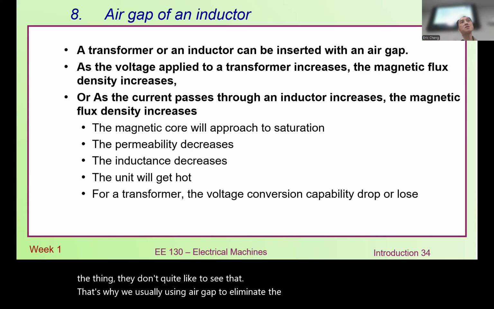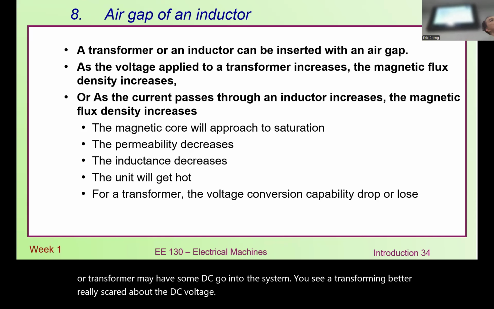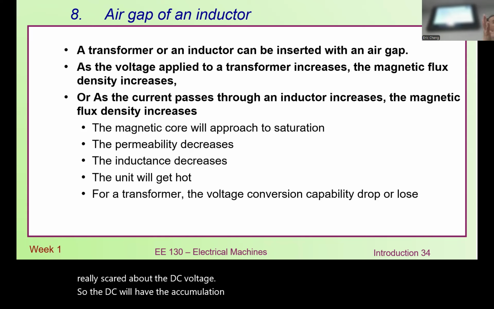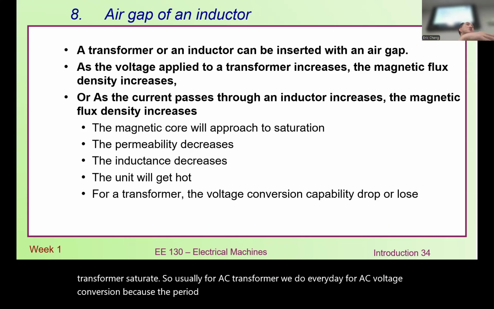Sometimes an inductor or transformer may have some DC go into the system. A transformer or inductor is really scared of DC voltage, because DC causes an accumulation of magnetic flux inside and makes the transformer saturate. For an AC transformer, which we use every day for AC voltage conversion, pure AC voltage should be symmetrical between plus and minus.